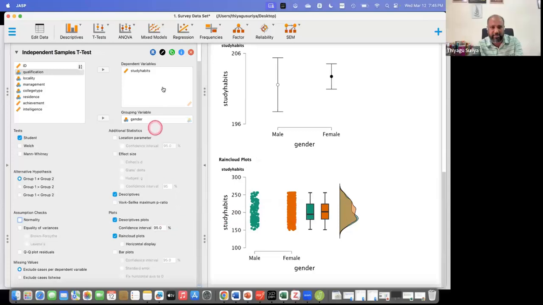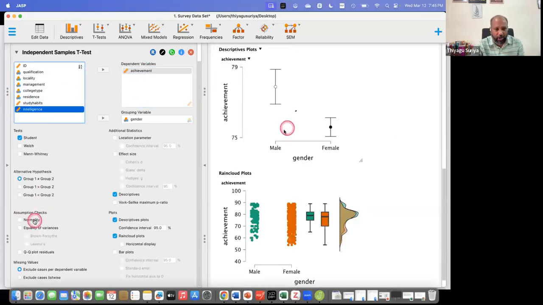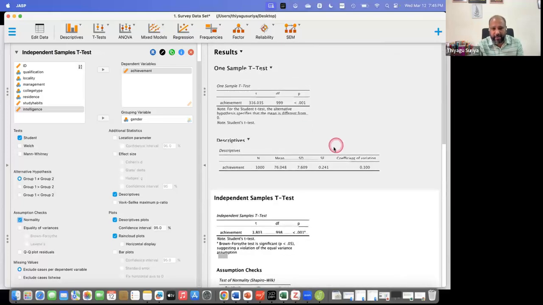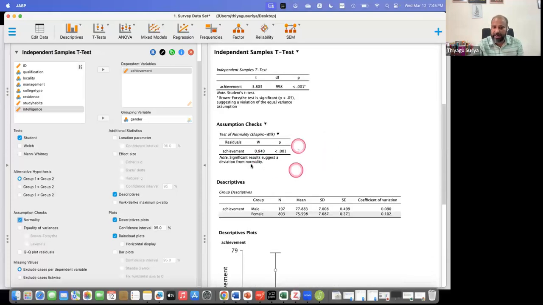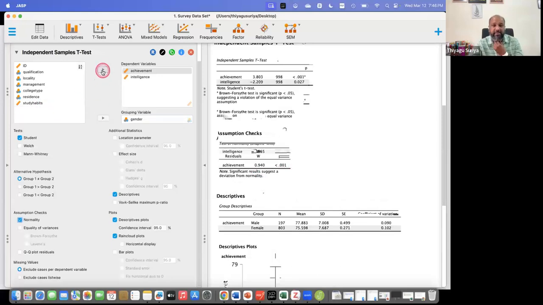Now I'm just going to highlight the things. Instead of study habits, I'm going to achievement now. I'm just removing study habits. Go to achievement. I'm clicking normality. Now you can see the data. Once again, what has happened? Independent samples t-test for achievement: once again, only non-normal is coming. I'm taking intelligence.